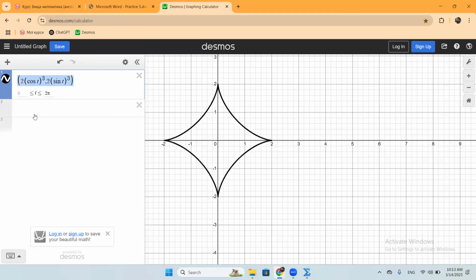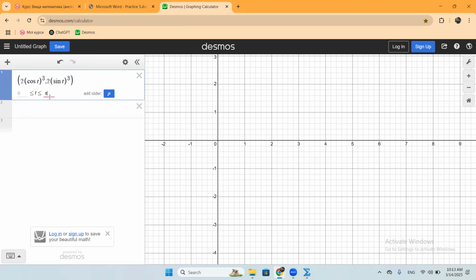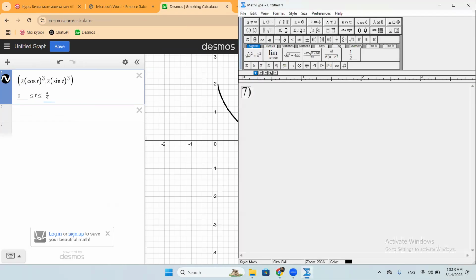But what can we do? We can just integrate from 0 to π over 2 and then multiply by 4, as we did before.